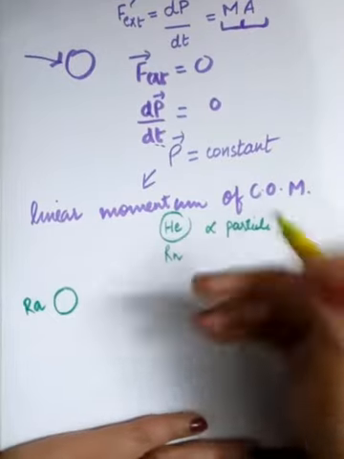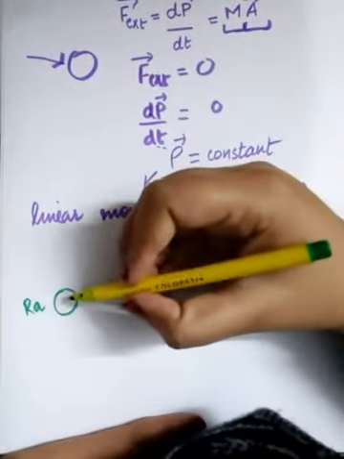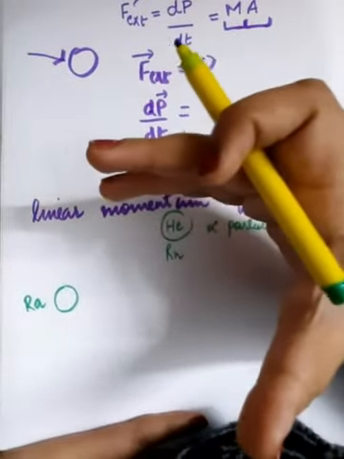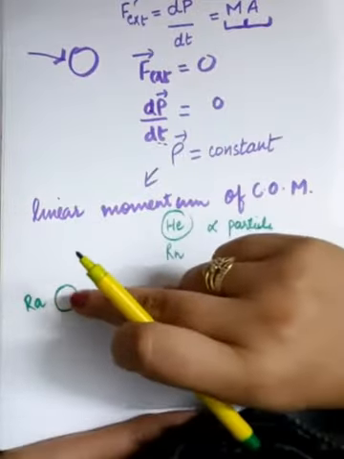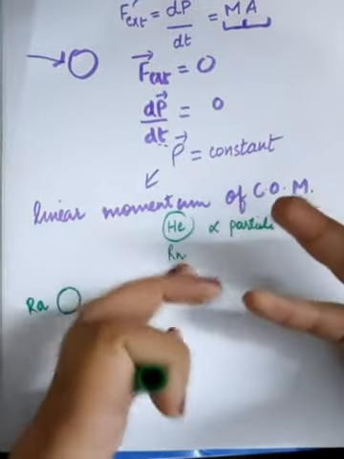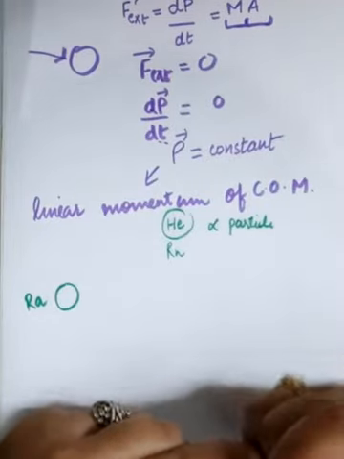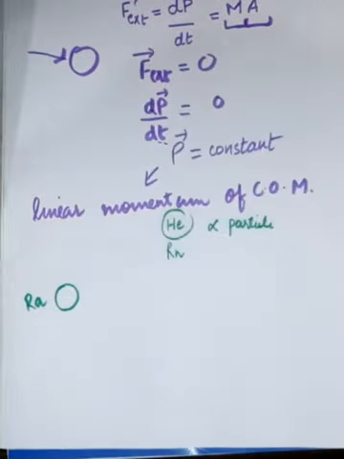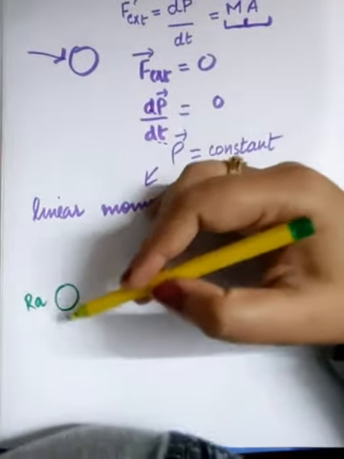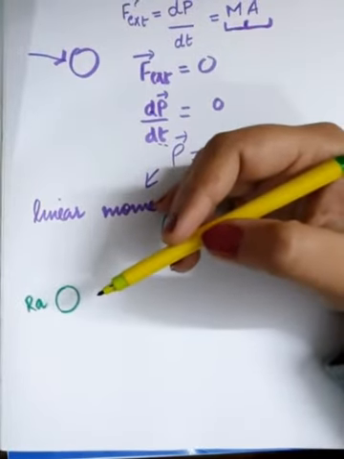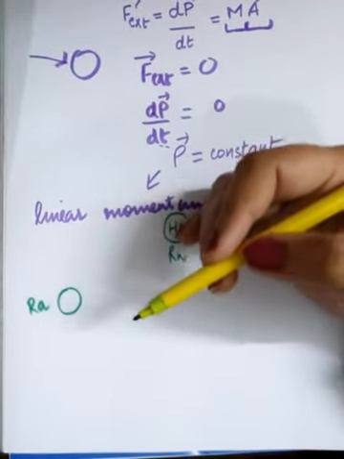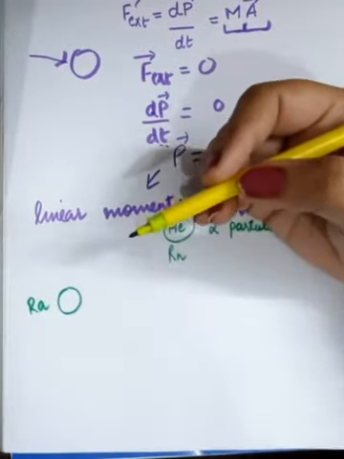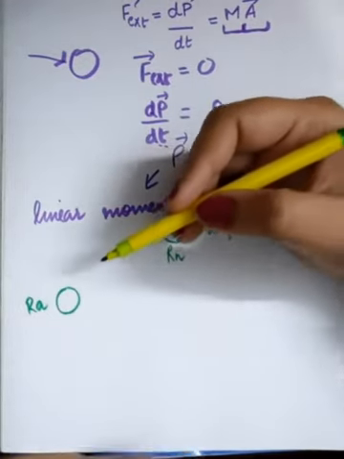Okay, and talking about radon, so when this radium is at rest and it disintegrates, always remember that the forces which are responsible for the disintegration of radium nucleus are internal forces, and there is no external force acting on the system.